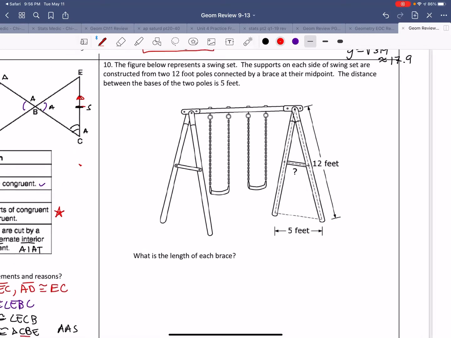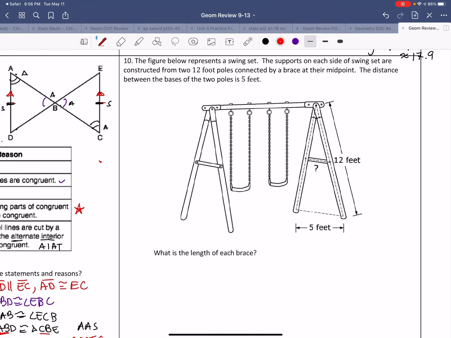Question number 10, it says the figure shown below is a swing set. The supports on the swing are constructed from 2 12-foot poles connected by a brace at their midpoint. Ooh. So this is 6, that's 6, that's 6, that's 6. The distance between their base is 5.